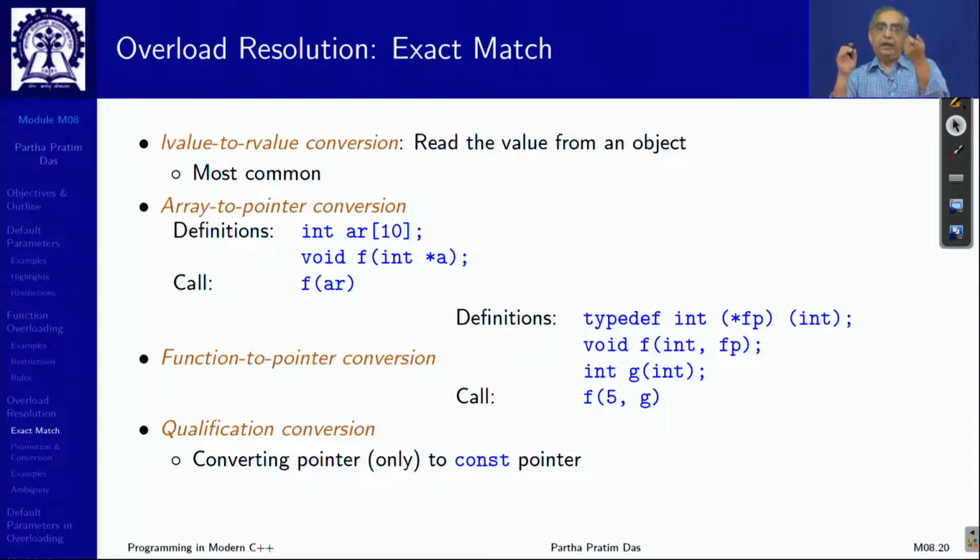So, any variable can be used by taking its value, that is a match. Array to pointer conversion is an exact match. I can have a function which takes a pointer to integer and pass an integer array to that. I can have a function pointer and pass a function to that without making it a pointer. I can convert pointers only to constant pointer. These are all exact match conversions.